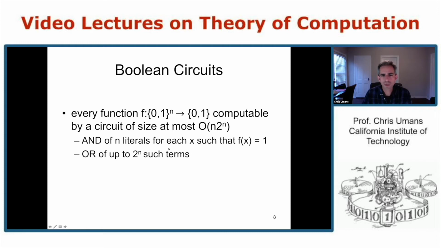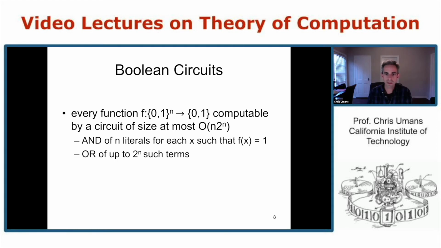So one way to do it, there's many ways to do that, would be to say that you identify each of the x's, so x is now a vector of n variables. So each of the n-bit strings for which the function evaluates to 1, you can construct an AND of n literals associated with that x that evaluates to 1 on exactly that point and 0 everywhere else.